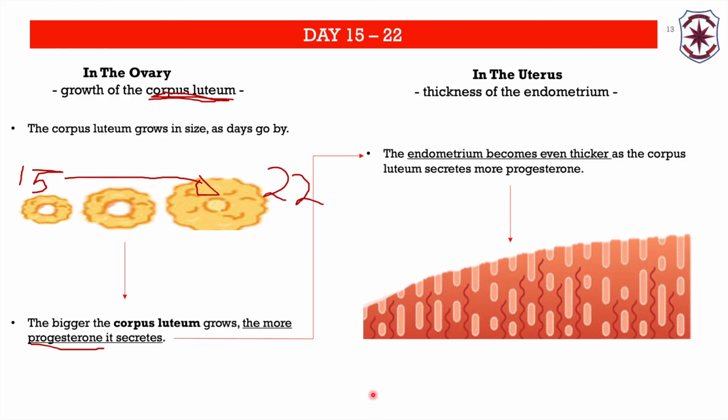So if this was our day 15 and this was our day 22, we can see that the endometrium becomes thicker and thicker. What makes the endometrium become thicker? It is progesterone. And progesterone is secreted by the growing corpus luteum.